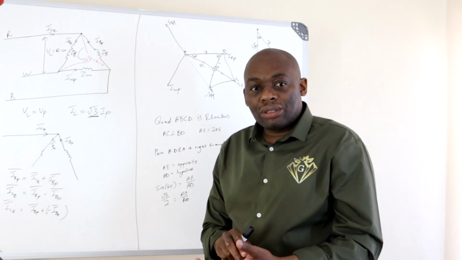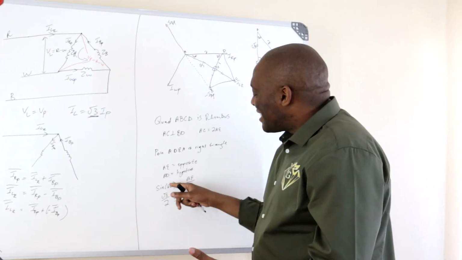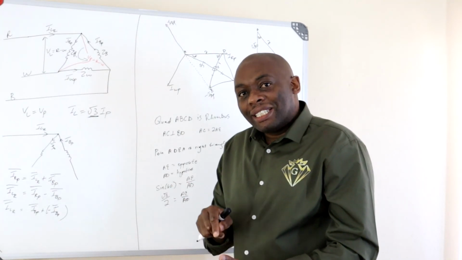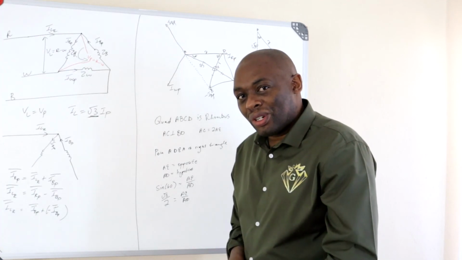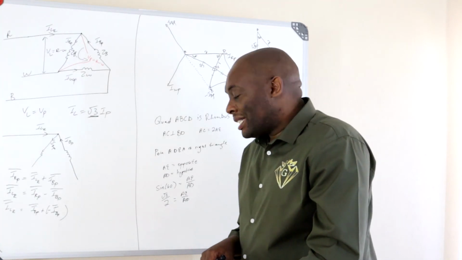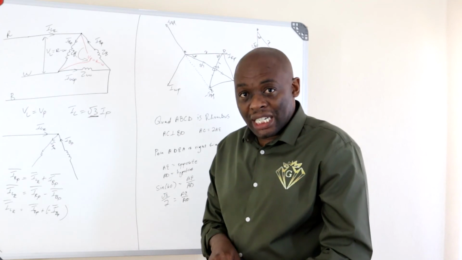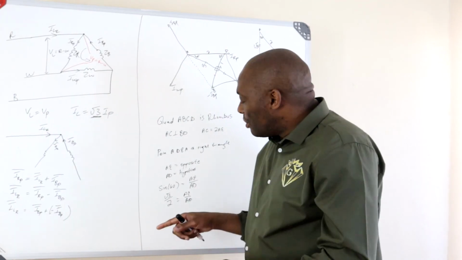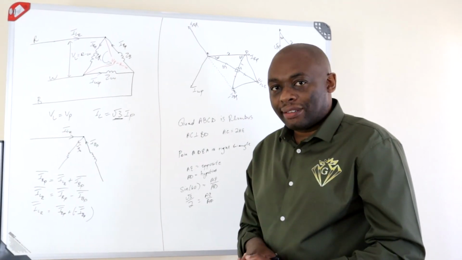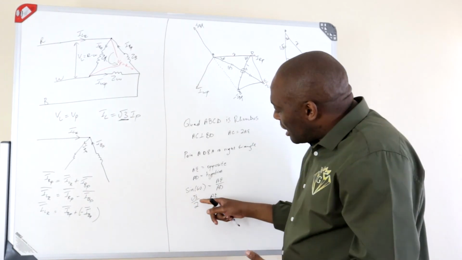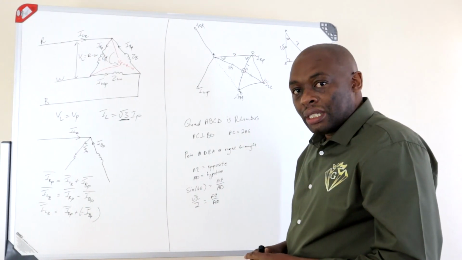So if you can take your calculator and show that it is in degrees, you press sine 60, it will give you a value. If you can then take your square root of 3 divided by 2, it will give you the same value as your sine 60. So it is the same as if we are representing it like this.